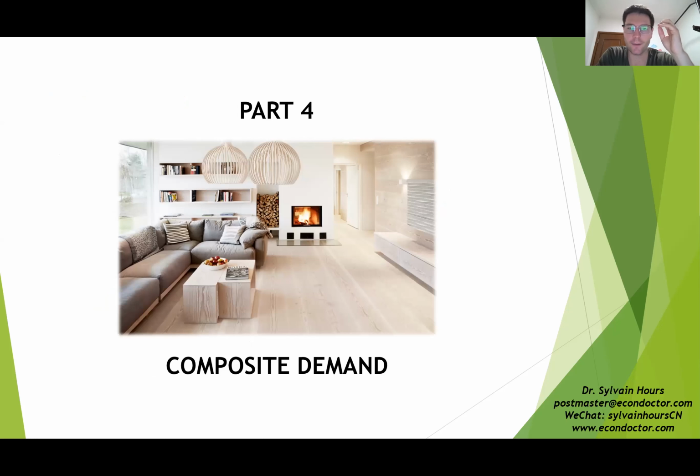Now, this one, composite demand, is a bit different. It's essentially a situation where there is one product, mostly goods, not really services, mostly raw materials, that can be used for several things, that can be demanded for several purposes, in multiple markets. I included that picture because you see there is a lot of wood in it.